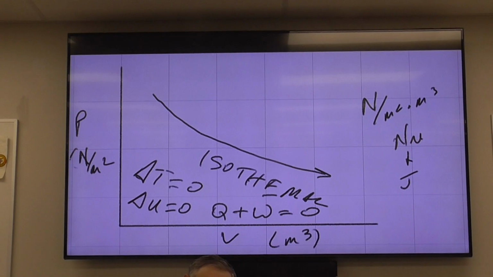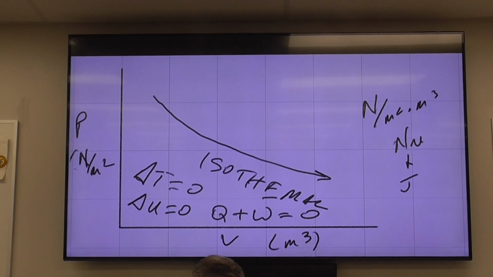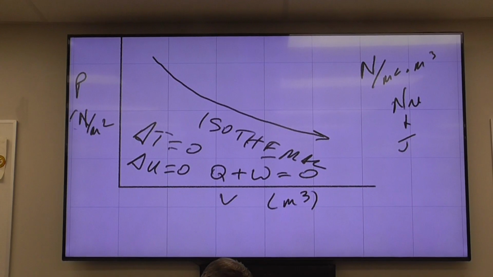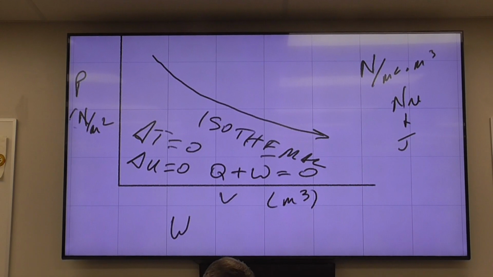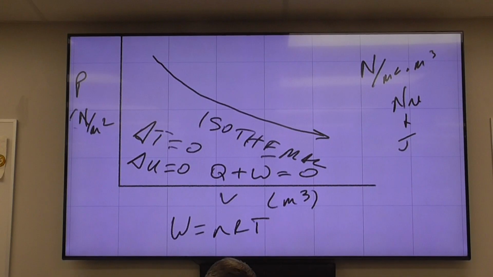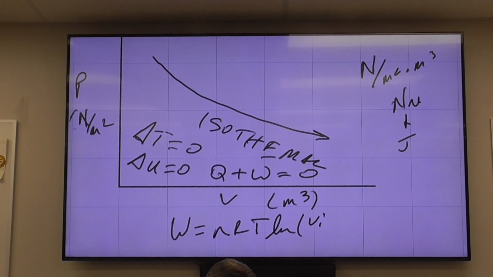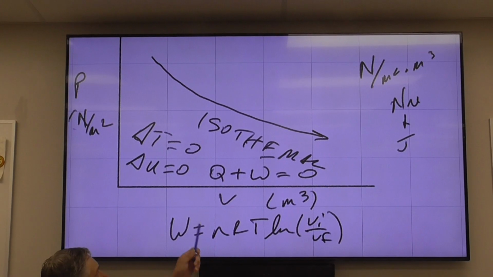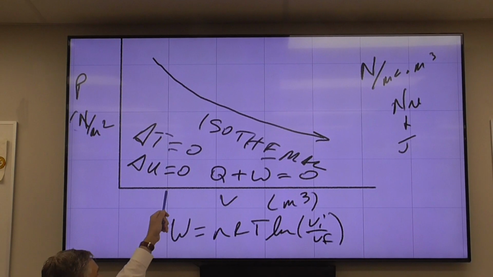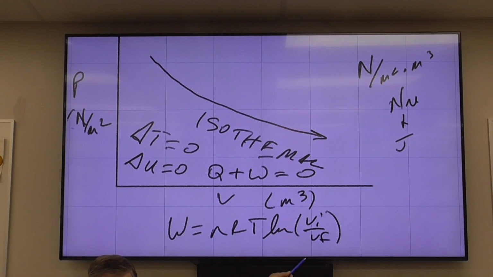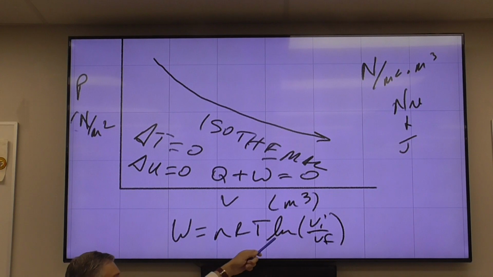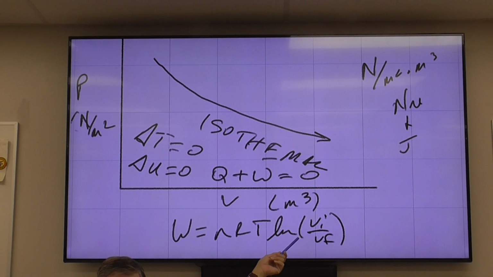So this is all about prepositions. Here's the main thing. If you look at the equation to calculate work on an isothermal, which is nRT natural log of Vi over Vf, if that initial volume is smaller than your final volume, that means it expands, which means you're taking the natural log of a value less than 1, which makes work a negative value.